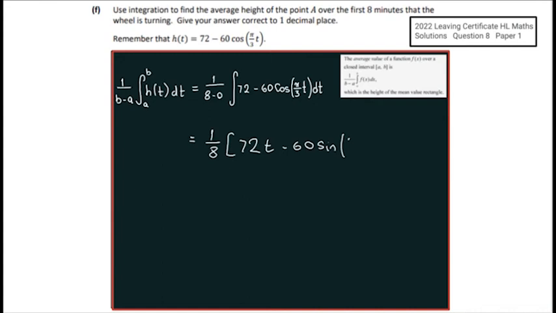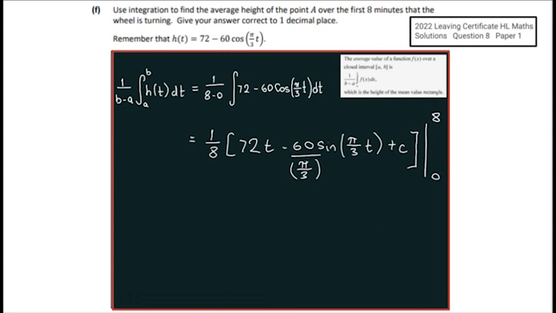Retain the value inside, pi over 3 t, and we're going to divide then by pi over 3, as it's an internal function. So pi over 3 goes below here, very similar to the chain rule. And we're going to put in our plus c here and indicate our two limits then, b and a, which will be 8 and 0. Alright, so that's our integration completed.